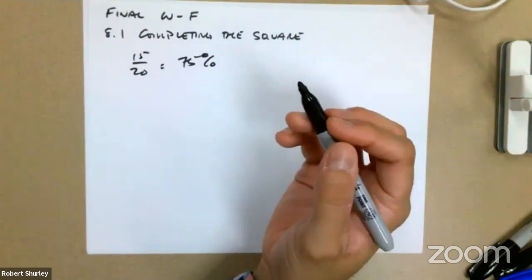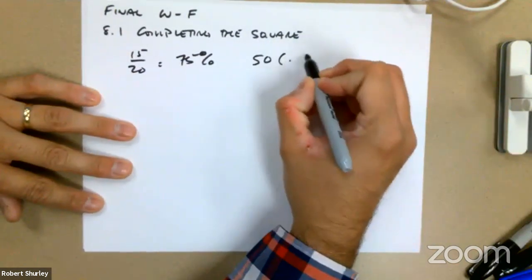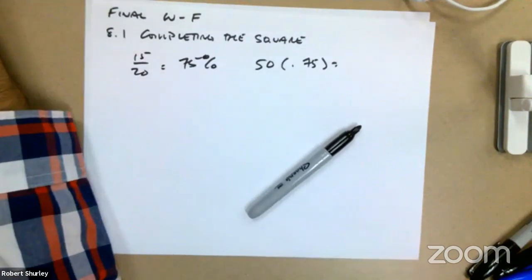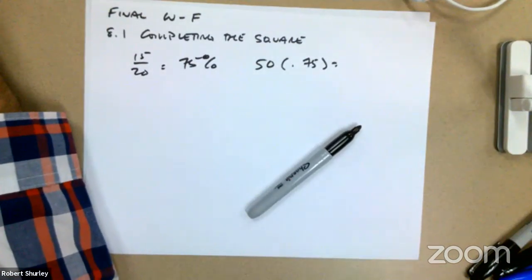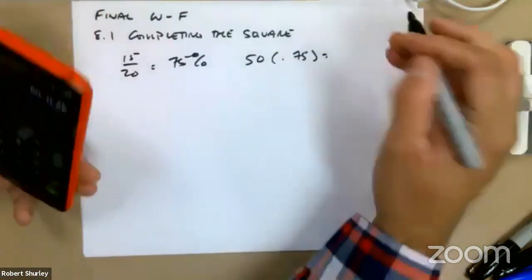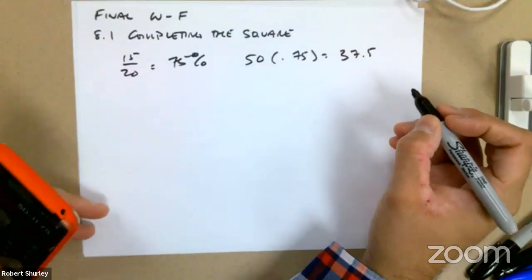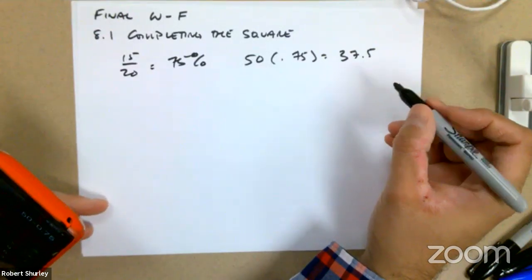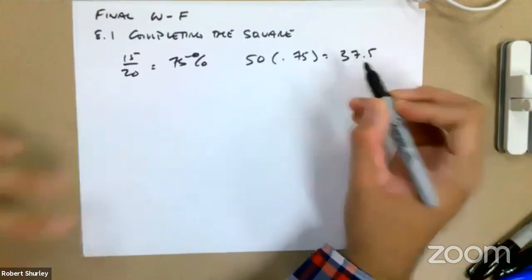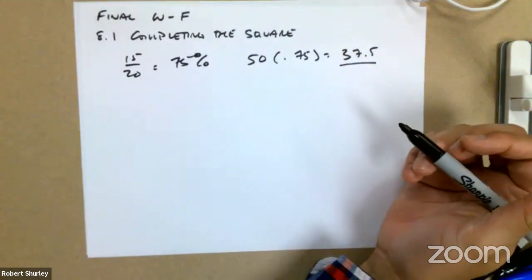Now the test is actually worth 50 points total. So it's going to be 50 times 0.75. I'm going to take my calculator out. 50 times 0.75, that's 37.5 points. So was that test 5, Letitia? That was 6. Oh, test 6. Yeah, I'm a week behind. So on test 6, if you're doing point totals, you got 37.5 points for that test.